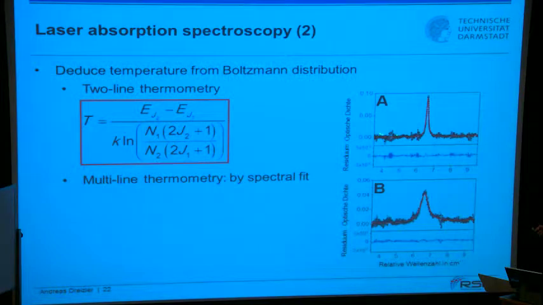Then you're able to calculate that spectrum and fit the temperature such that your residuum is as small as possible. Residuum means the difference between the calculated and the measured line. You see here as well some noise. There might be some structures underneath which are maybe not only noise, shown in the residuum over here, that maybe need some attention. But in principle, in this way, using the temperature as a fit parameter, you can deduce the temperature itself.